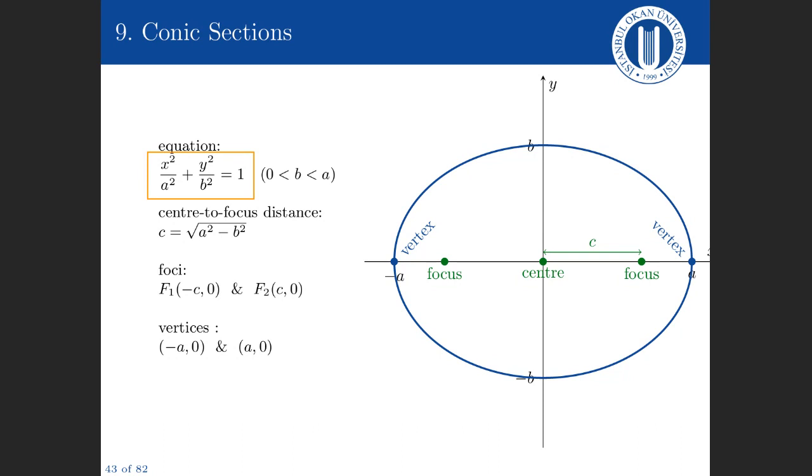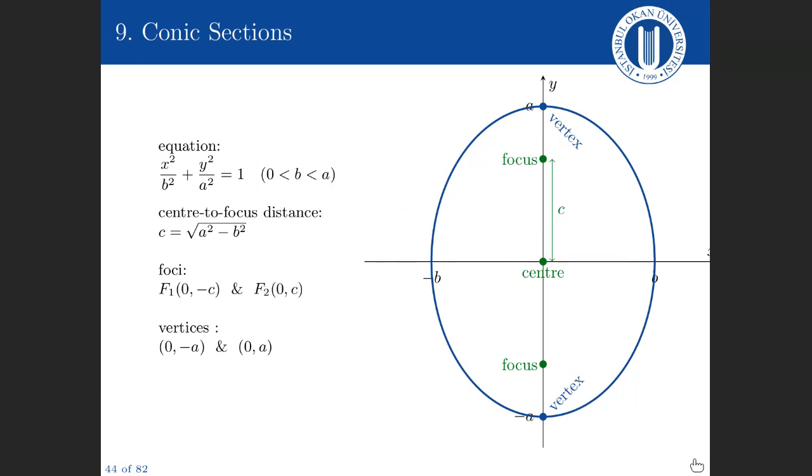And the equation that you should be remembering or writing down before an exam is that c is the square root of a squared minus b squared. This is why a must always be a bigger number than b. The foci are at (minus c, 0) and (c, 0). Points (minus a, 0) and (a, 0) are called vertices.